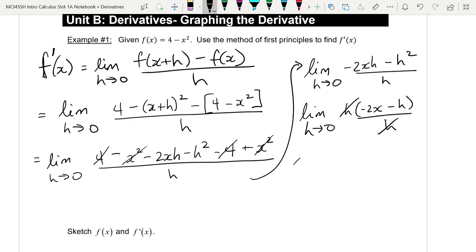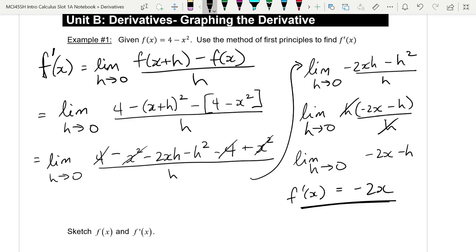And I now have the limit as h approaches 0 of negative 2x minus h. I don't know why I wrote it like that. That looks really dumb. I'm going to stop that. Limit as h approaches 0 like that. That's better. Okay, so from there, I can actually now plug in my 0. So I know that f primed of x is actually going to be just negative 2x.